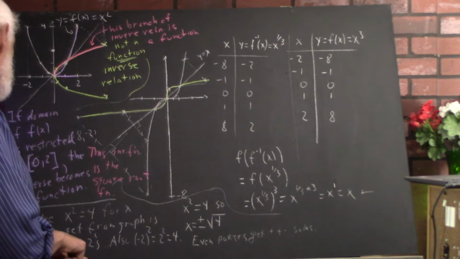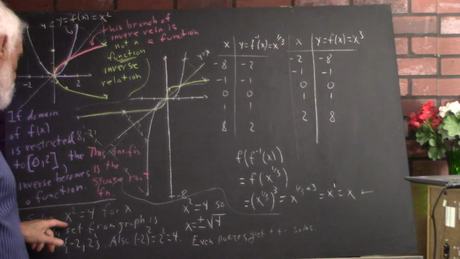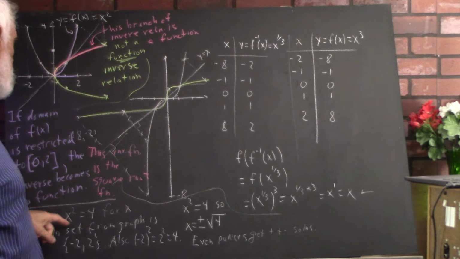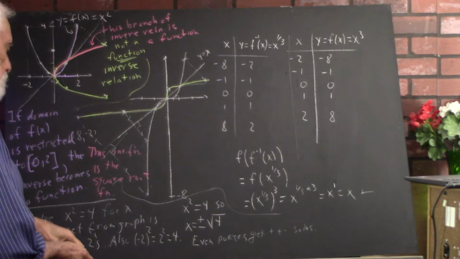Okay? Well, if we then use that function to solve x squared equals 4 for x, well, just take the equation x squared equals 4, and we want to solve that for x.